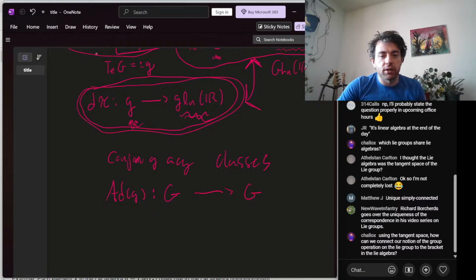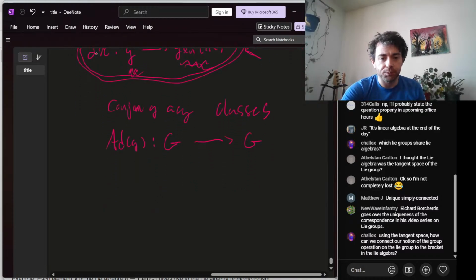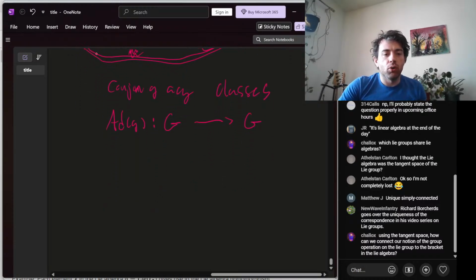And we look at this as a function from G to G. We can do this exact same thing for each element g in a Lie group.